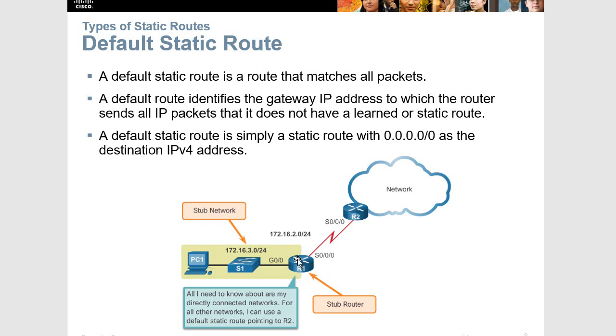So from R1 to R2, R1 is going to have a default static route that says basically any IP address, 0.0.0.0/0, or again the quad-zero subnet mask, is going to be sent out serial 0/0/0 towards the next hop, R2 here. And that could be going to the internet, or to any other network that is connected to R2. So that's what your default static route is going to do for you. That sets up your gateway of last resort. And we get to a fun slide next.